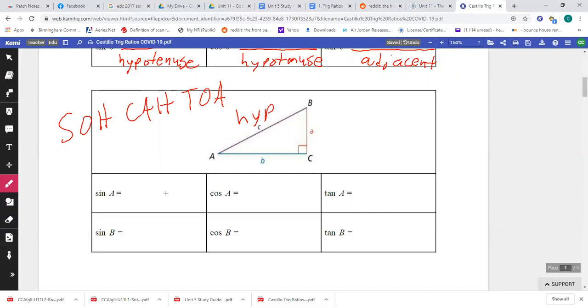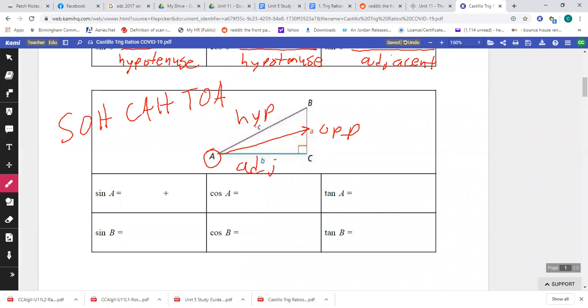The hypotenuse is C because it's across from the 90-degree angle, right? So now let's do the first row. We're going to focus on angle A, sorry. If this is my hypotenuse, remember the one across from it is always the opposite, and the one next to it is the adjacent.